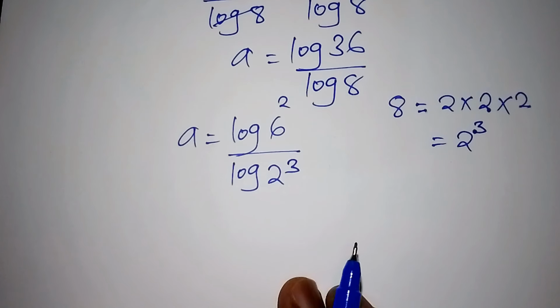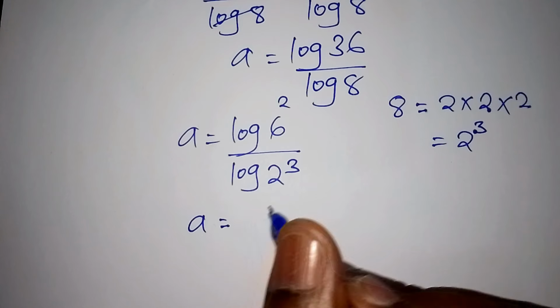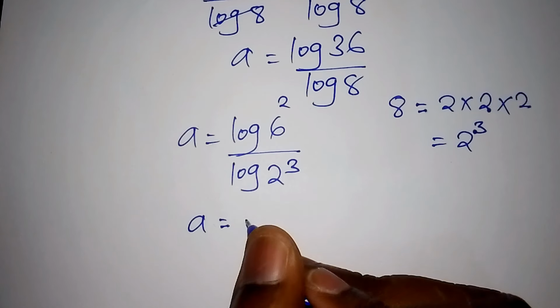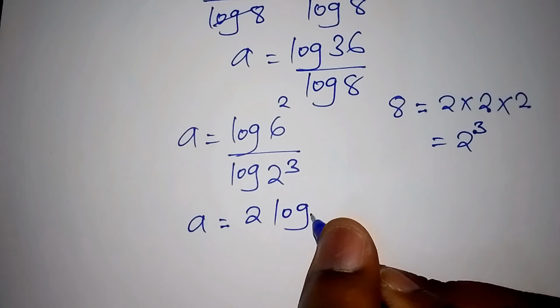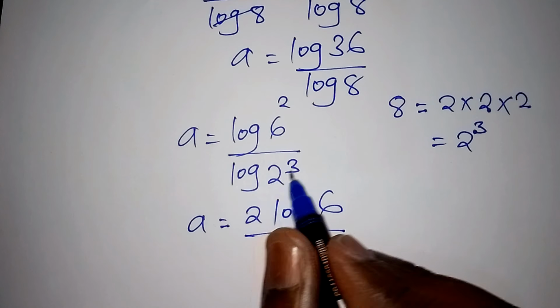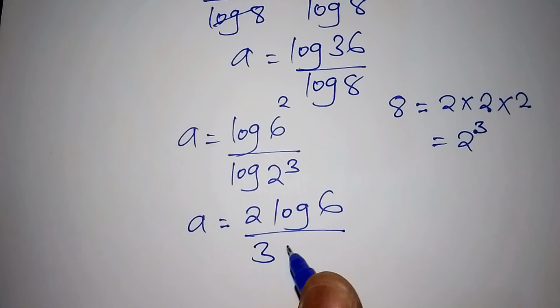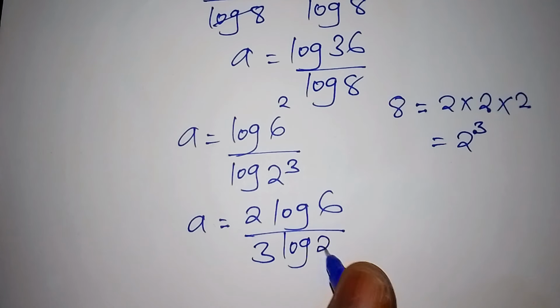So the value for a is equal to the log of 6 to the power of 2, which can be written as 2 the log of 6, all over the log of 2 to the power of 3, which can be written as 3 the log of 2.